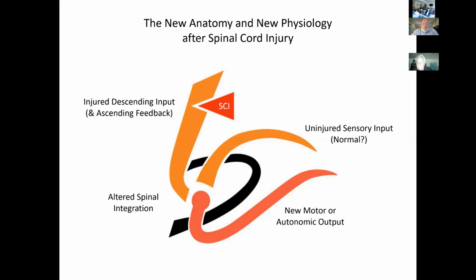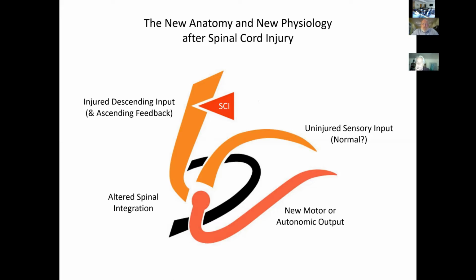But there is probably some degree of remaining descending input and ascending feedback, even in cases that are clinically complete, so-called physiologically discomplete. We don't have great measures of the residual ascending feedback, or of the effect that what's going on in the spinal cord or what's coming in on the sensory loop has on this ascending feedback and therefore descending input. But that's sort of a subtler point for later.